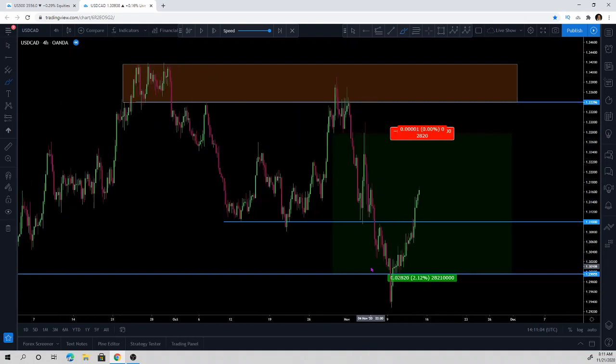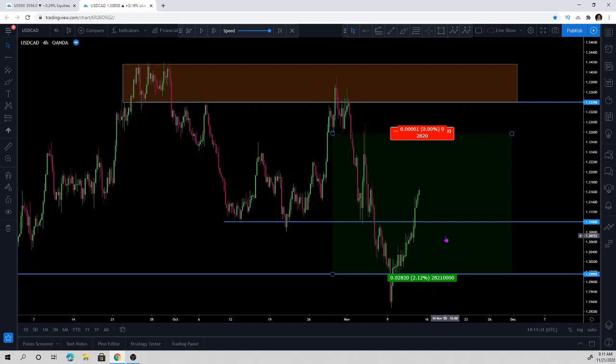Personally speaking, I wouldn't have let this winner run, because the next level of support in this case was just 100 pips away. And to me, the risk of getting stopped out at break even versus making an extra 100 pips on 25% of my position is just not worth it.